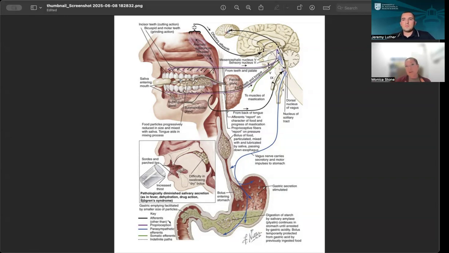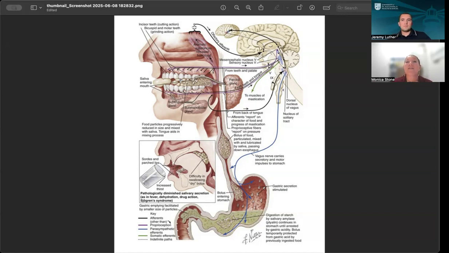This phase is going to be really quick. It's going to happen fast, and it's very highly coordinated, but it's crucial for protecting the airway. During this stage, that bolus is going to touch those faucial pillars, and the bolus is going to go into the oropharynx.